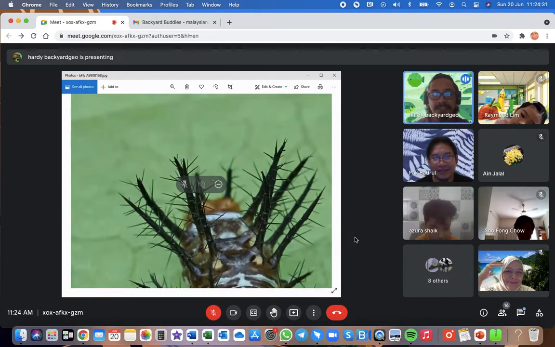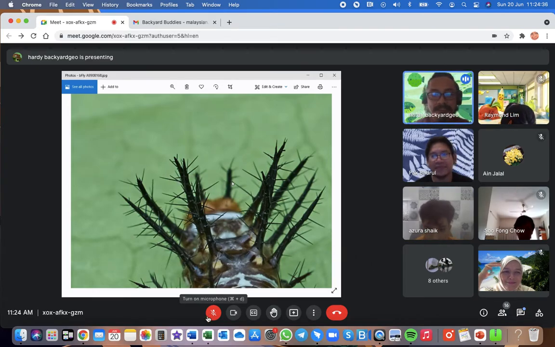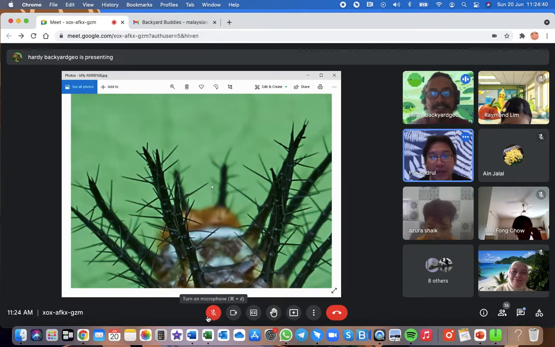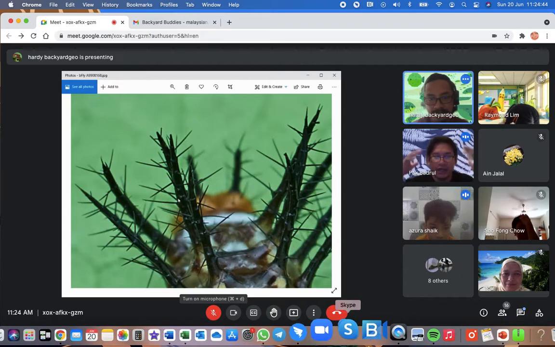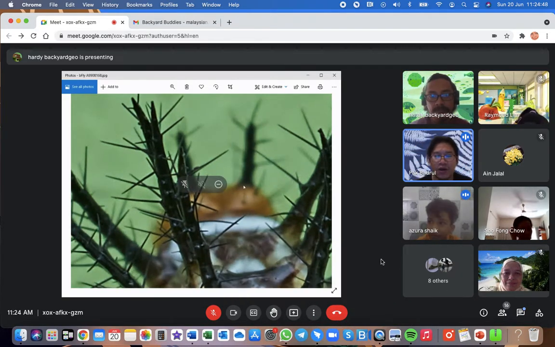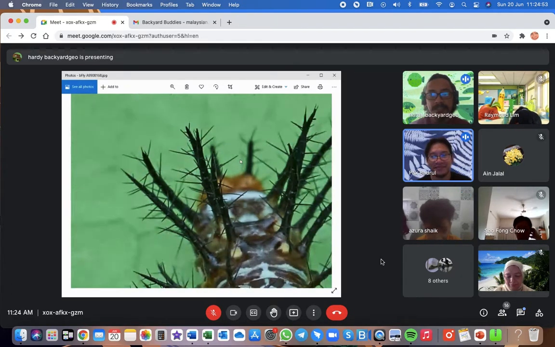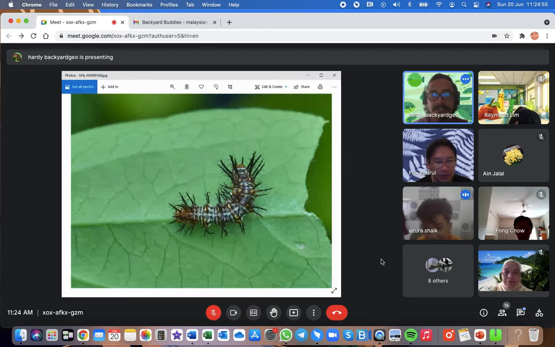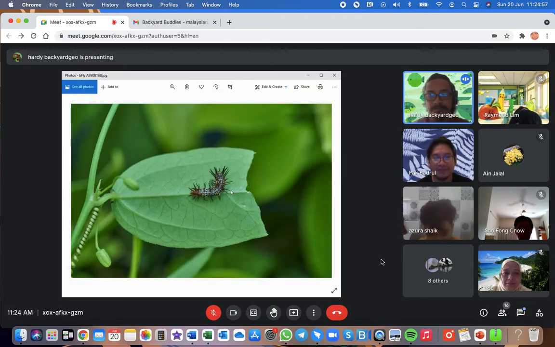It's these two things, the antennae. Correct. It's not in focus, but we can see the head capsule. That's the anterior, the front part of the caterpillar. The top is the head, correct.